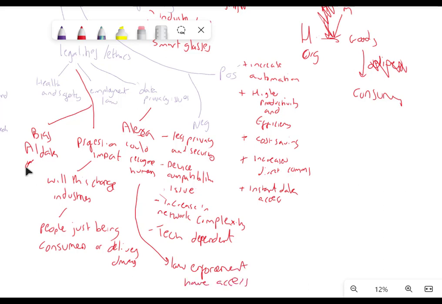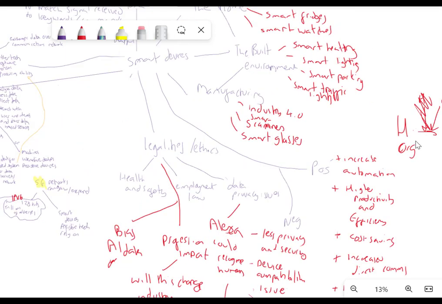So all of these are different types of ethical issues, legal issues, data privacy, employment law, health and safety. There's acts around this, like the Data Privacy Act, etc. But remember, you need to perform your own research and use the lesson resources and material, etc. to deepen that understanding even further.